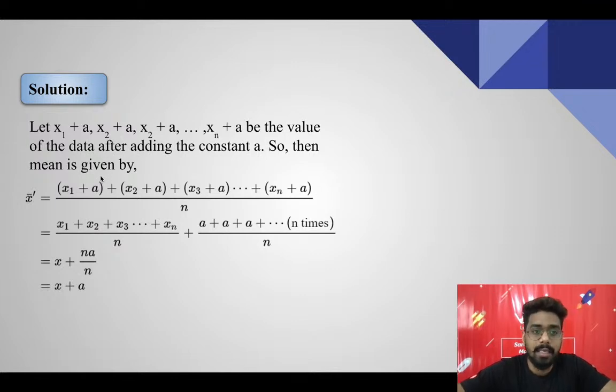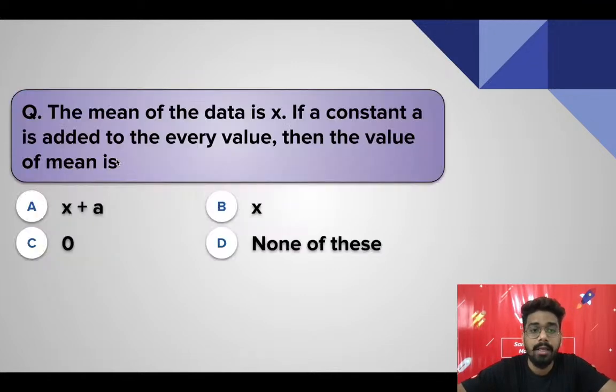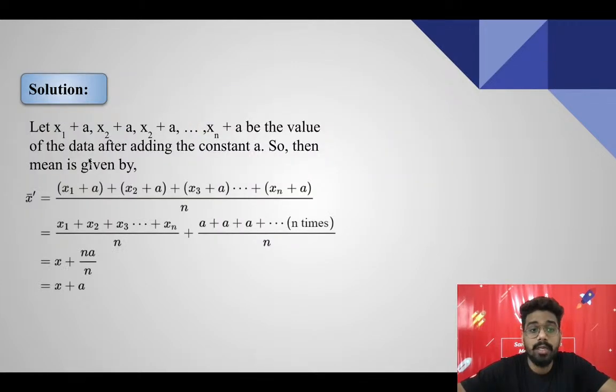Now what we are saying is that we have the mean of the data. Let's suppose there are n values, x1, x2, x3, x4, x5, x6 until xn. And then we are adding a to every value. Before addition, the mean of x1 plus x2 plus x3 and so on is x.